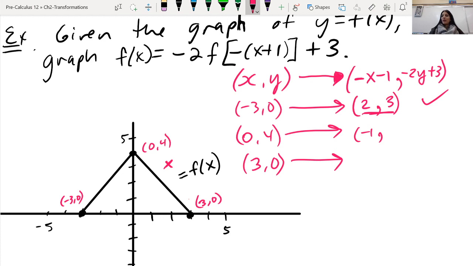Then this is a 4, so I'm going to do -8 plus 3, so I get a -5. There's my next point, (-1, -5). I'm going to check that off. (3, 0), okay, I'm plugging in 3. -3 minus 1 is -4. And my other point here had a 0 y value, so that's going to be 0 plus 3, which is 3. So (-4, 3). -4 and up 1, 2, 3.